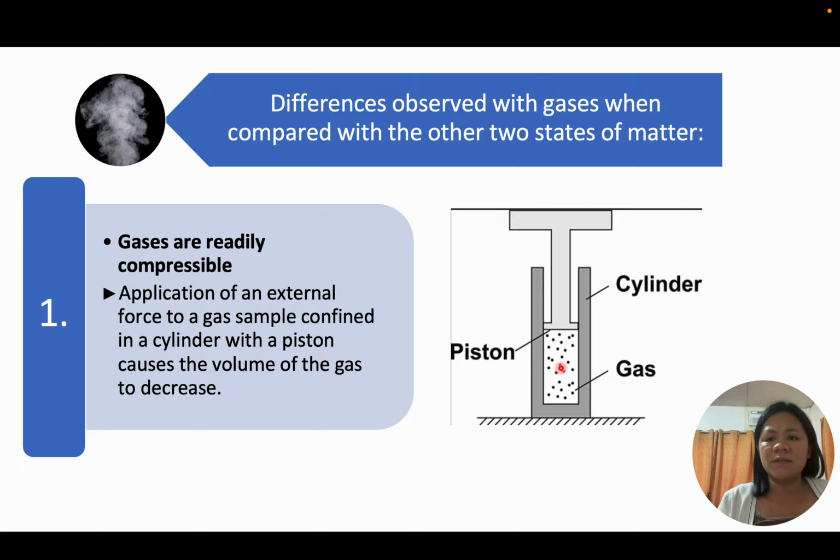Gases are readily compressible since they do not fully occupy space. Application of an external force to a gas sample confined in a cylinder with a piston causes the volume of gas to decrease. So while pushing this further, the volume of gas decreases.